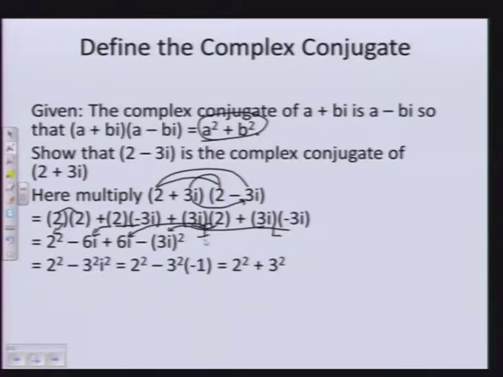All right, so what happens? A lot of stuff happened here. The first thing that happened was that this minus 6i plus 6i, those cancel each other out, because minus 6 plus 6 gives you 0. So I bring down my 2 squared, and then I brought down my negative and rewrote this. Remember that if we have a power outside of parentheses, we can distribute that power into each of the items inside the parentheses.